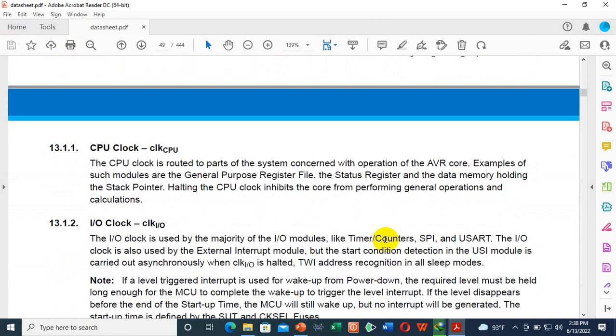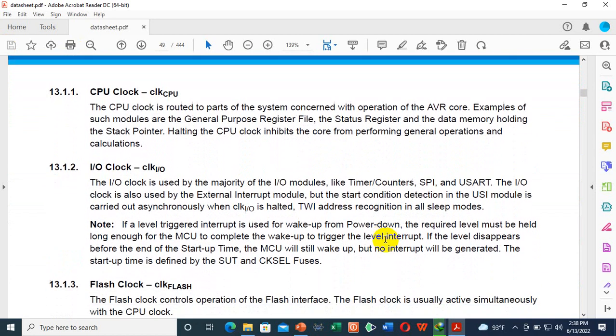If you look at the data sheet, they have a detailed description of every term, like CPU clock. The CPU clock is routed to parts of the system concerned with operation of the AVR core. Examples of such modules are the general purpose register file, the status register, and the data memory holding the stack pointer. Halting the CPU clock inhibits the core from performing general operation and calculation.